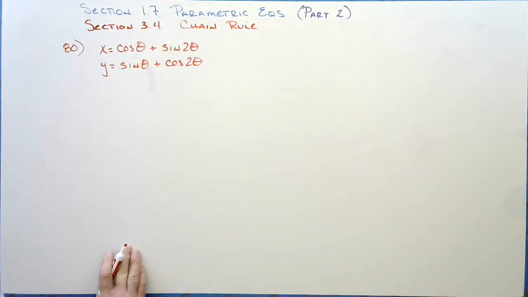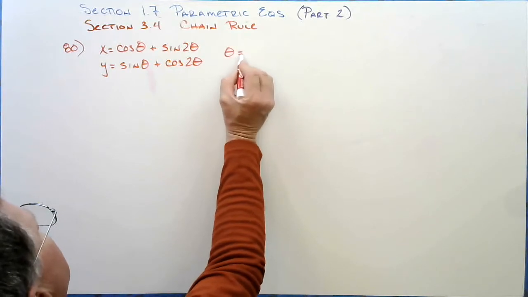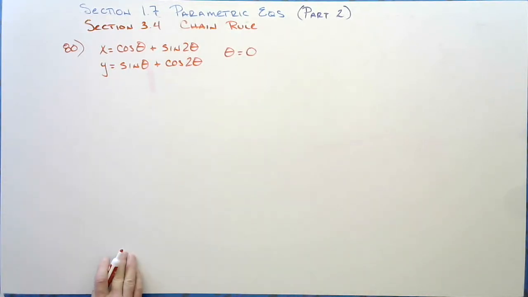And they give us a point, theta equals 0. The instructions say, find the equation of the tangent line to the curve at the point corresponding to the given value of the parameter. So we want to find the equation of the tangent line.